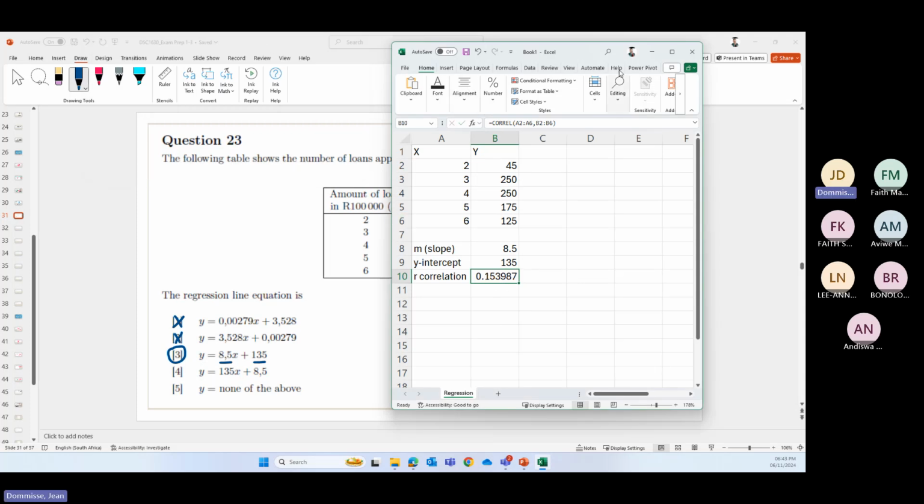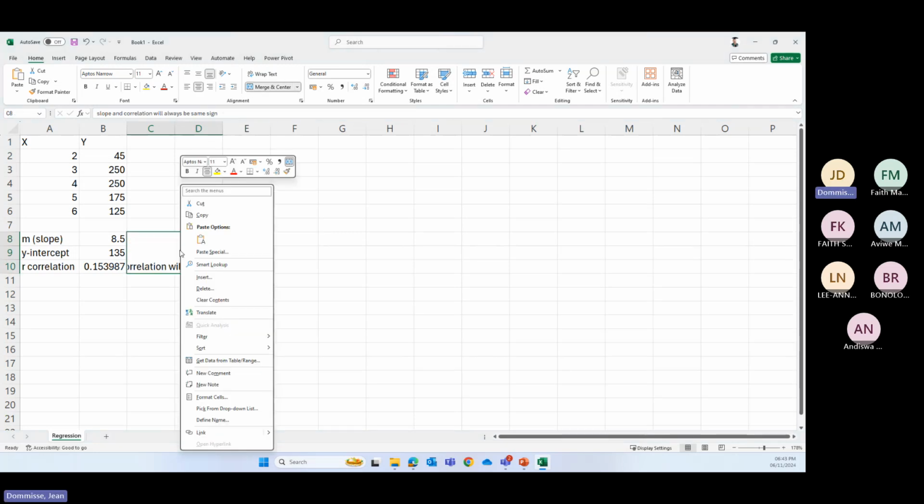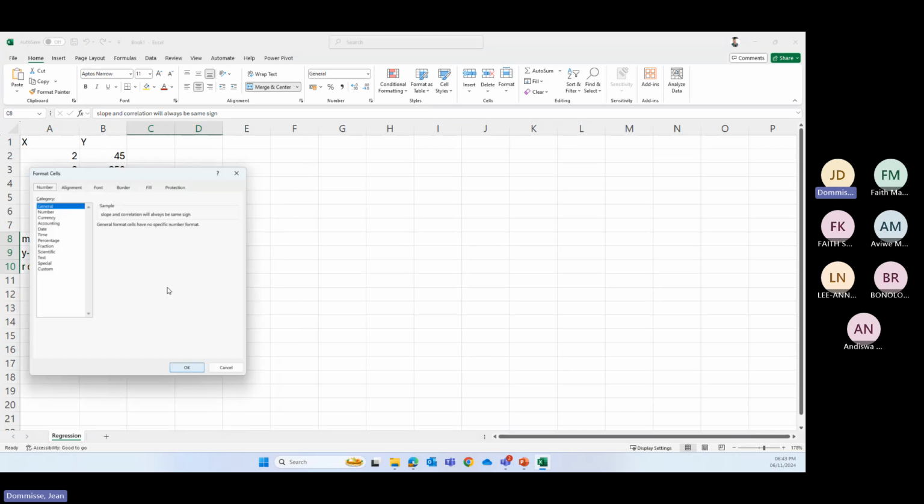On this, I also quickly want to show you guys something. The slope and the correlation will always be the same sign. That is something you can use as a guideline.